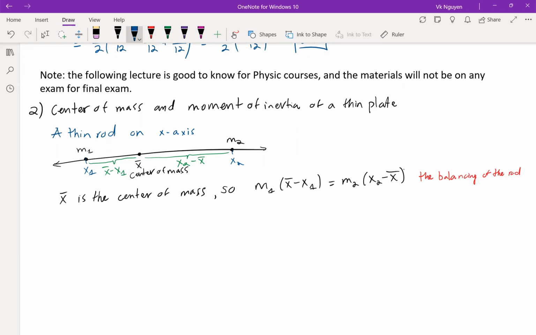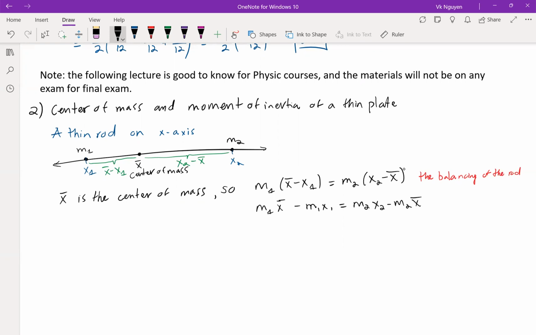What do we have here? From here, we can solve for X bar, right? So work it out and solve for X bar. M1 X bar minus M1 X1 equals M2 X2 minus M2 X bar. Right?